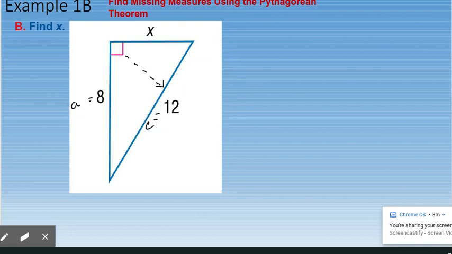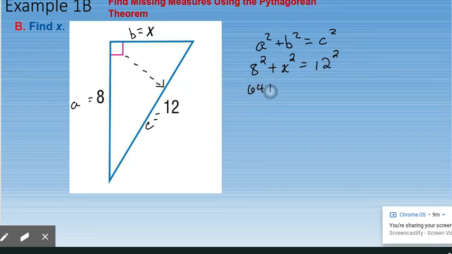And then these are the a's and the b's. Okay. So we start off a squared plus b squared equals c squared. So in the scenario I made, I'd have 8 squared plus x squared equals 12 squared. We square them. 8 squared is 64. 12 squared is 144.